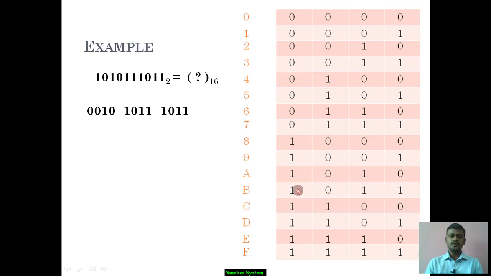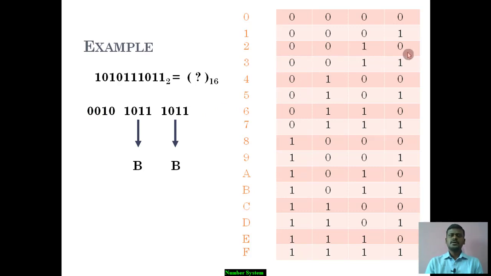If you search this value, we need to find the equivalent hexadecimal value, and for 1011 we have B. You can see here B is the equivalent hexadecimal value. Likewise for the next 1011 it is again B. So we have written it as B, and the final group is 0010.